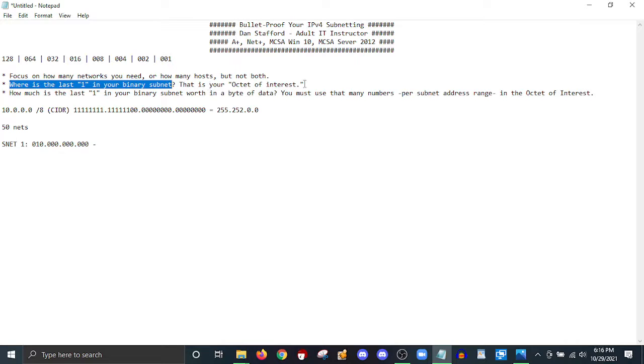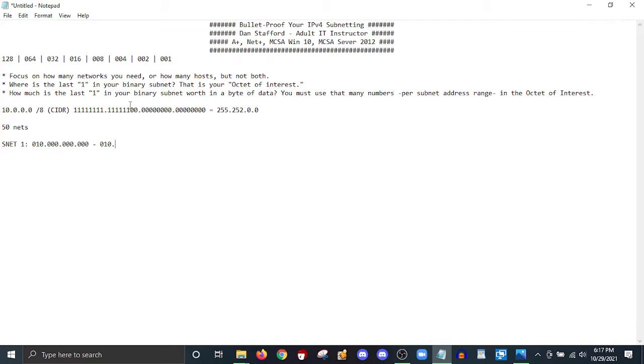All right, that's our octet of interest. And here's how we're going to use that. The last one in this particular subnet is in the second octet, right? So our second octet is where we're going to have our action. All right, this is where all the action is going to happen.